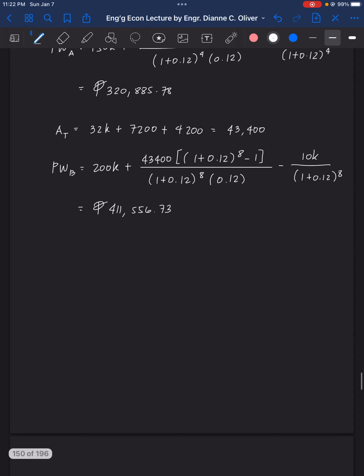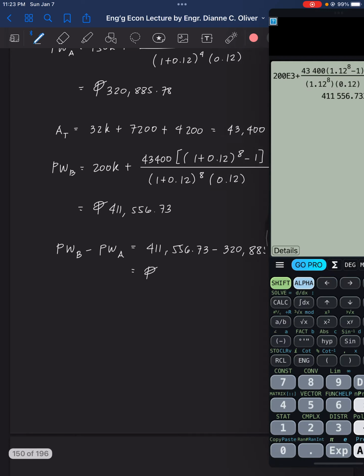So for the difference now, that will be PWB minus PWA. That is equal to 411,556.73 minus 320,885.78.